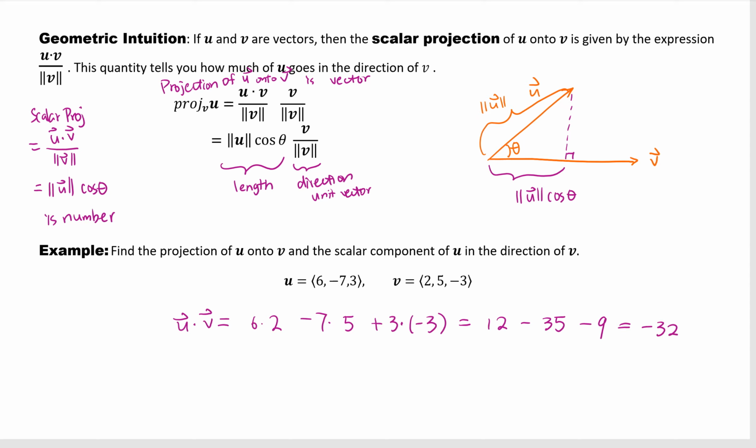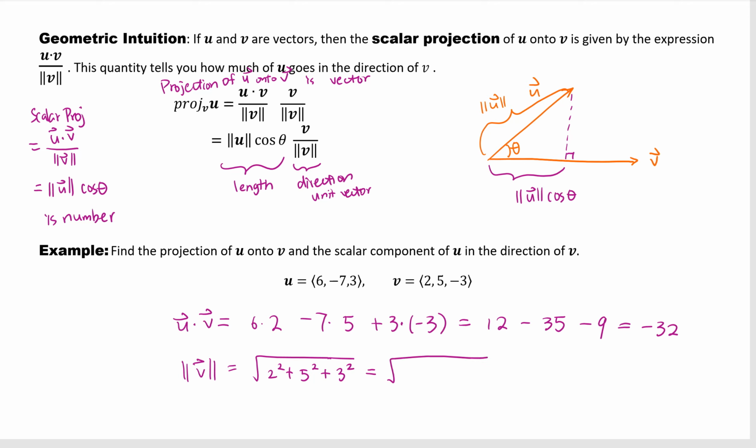So far so good, everybody. And what is the magnitude of u? Actually, in this case, to find the scalar projection, you only need to know the length of v. We don't need to know the length of u. So this is the square root of 2 squared, 5 squared, and negative 3 squared, which is the same as 3 squared.